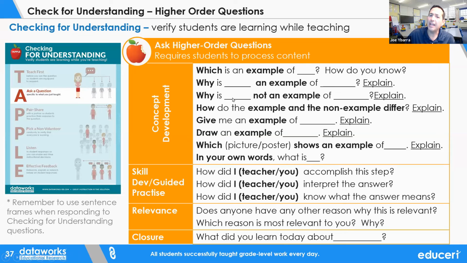Why is A, with all his friends, not an example of a context clue? How do the example and non-example, why are A and B different? That's the question I asked Maddie. Give me an example of a context clue, draw an example of a context clue, and the last question I will ask: in your own words, what is a context clue? Those are the types of questions I can ask, and it synthesizes Bloom's taxonomy.